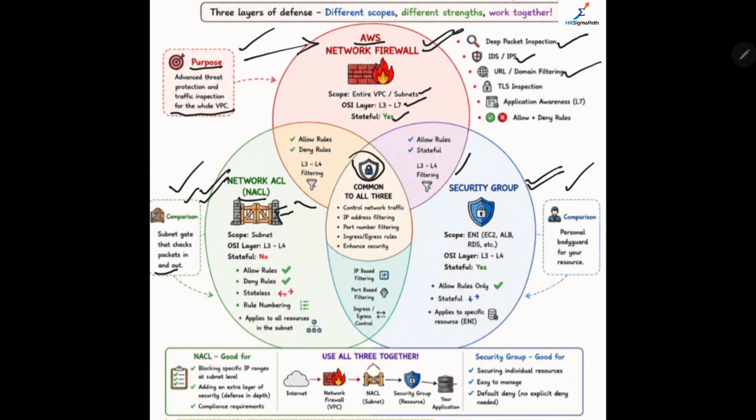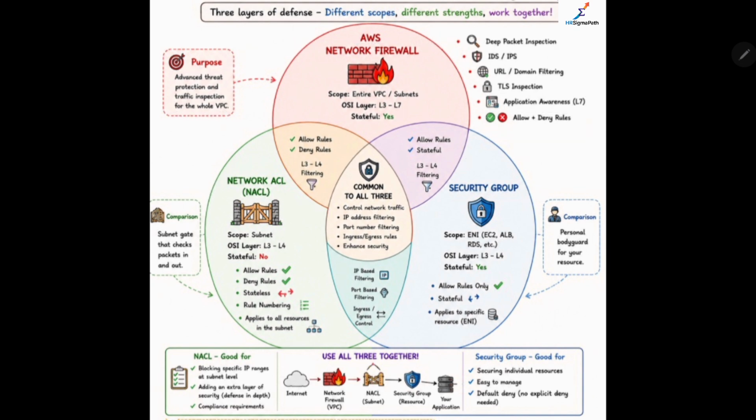It supports TLS inspection, allowing encrypted traffic to be inspected safely. It also provides application awareness at layer 7, understanding applications rather than just IP addresses. Finally, unlike security groups, it supports both allow rules and deny rules, giving administrators much finer control.